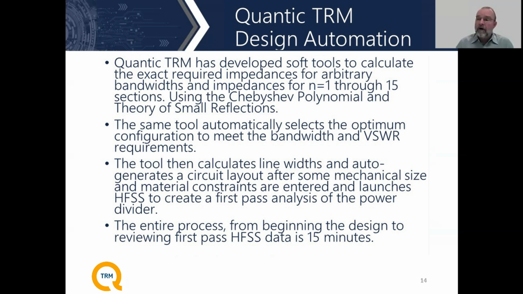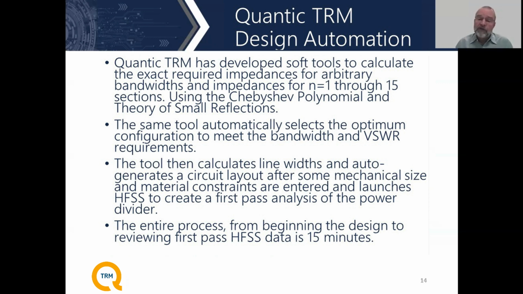Seymour Cohn's paper, for example, only gave exact solutions for 2 and 3 section power dividers. It gave a table for approximate solutions for n equals 4 and n equals 7.